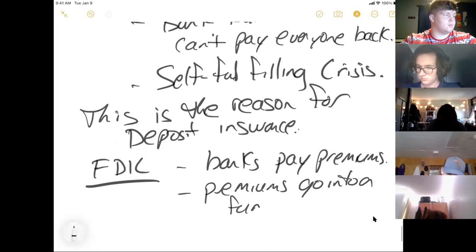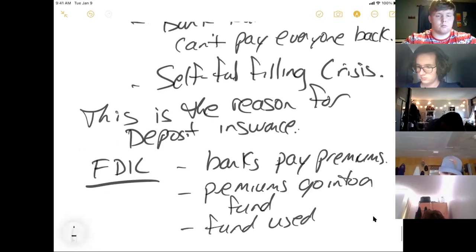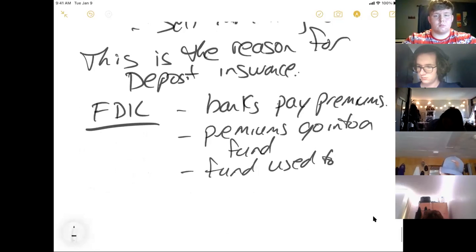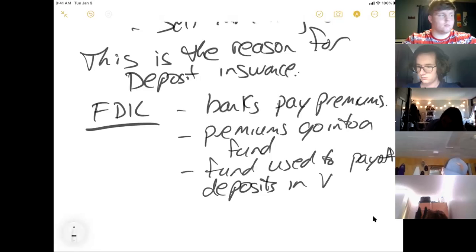The premiums go into a fund. The fund is used to pay off depositors in the event of a bank failure.